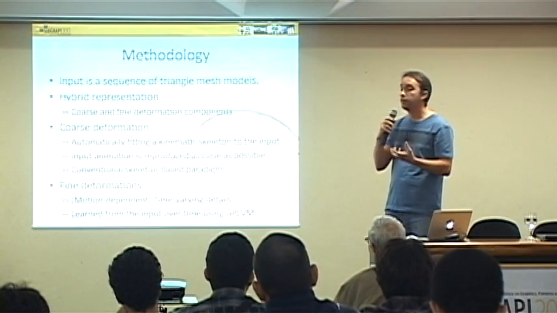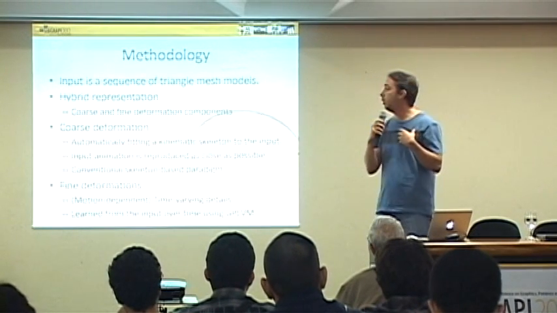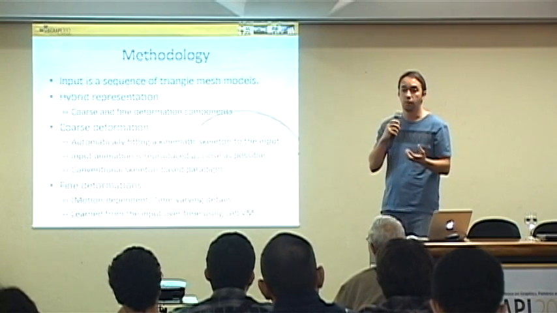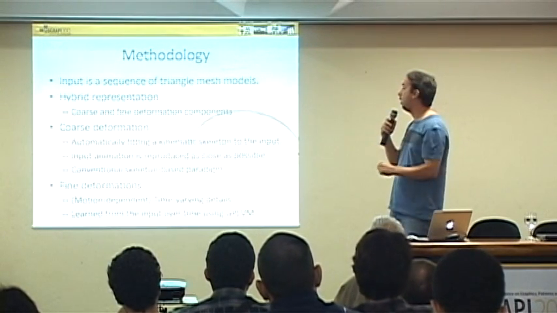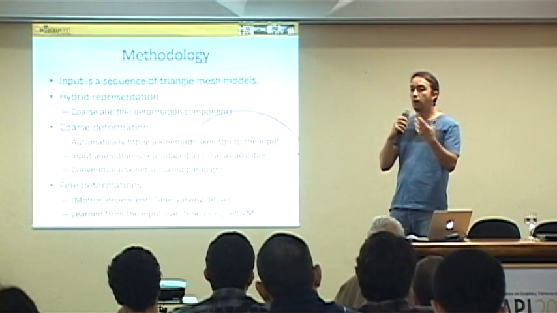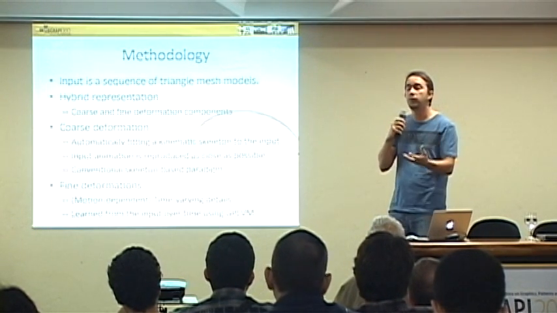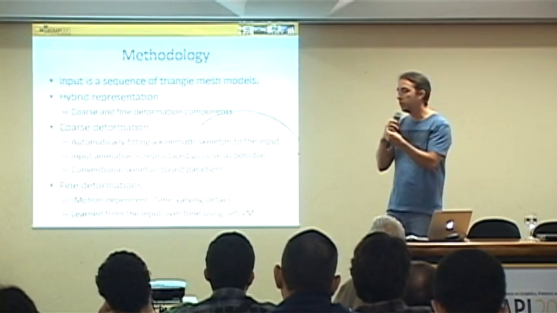The coarse representation can be automatically fitted using a kinematic structure. So given the input mesh sequence, you can automatically fit a kinematic skeleton to it. And this will allow us to represent and reproduce the input animation as close as possible. But still we are losing some details.